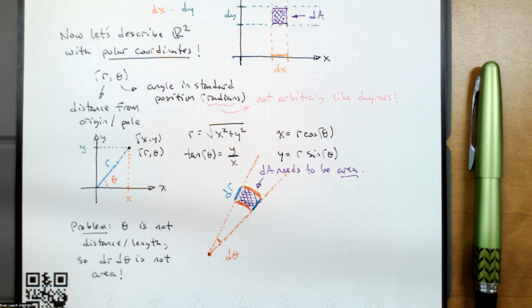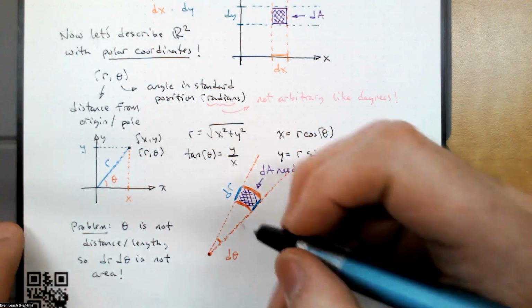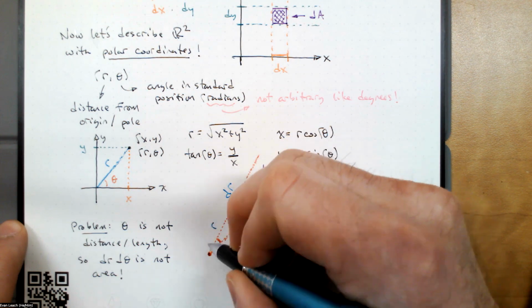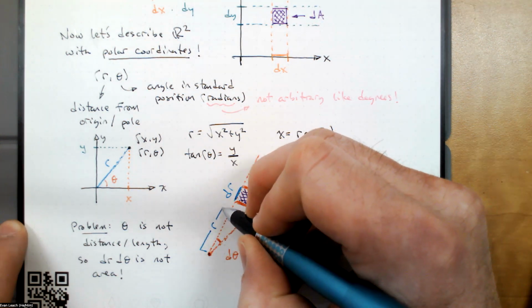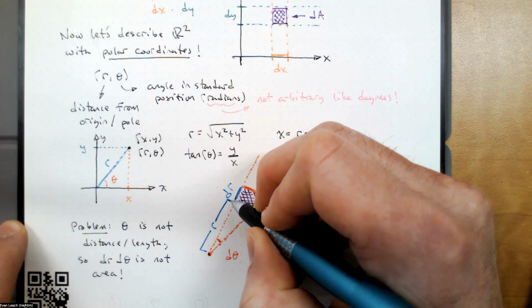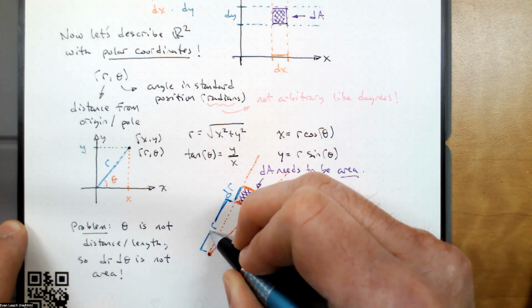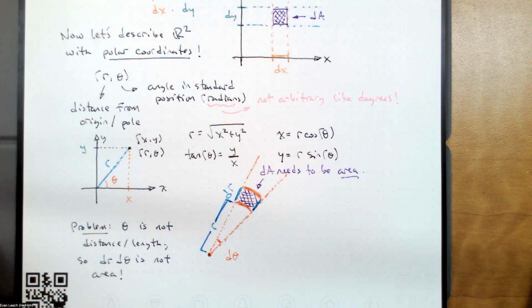Fortunately, we know how this is going to work. We're just calculating the arc length, and we all know how arc length works because we know what the circumference of a circle is. So if we want d theta to be a length, we do need to consider how far we are from the origin. So we just need to know this distance r. Now that arc length is r times d theta.